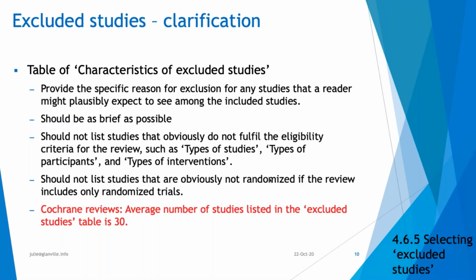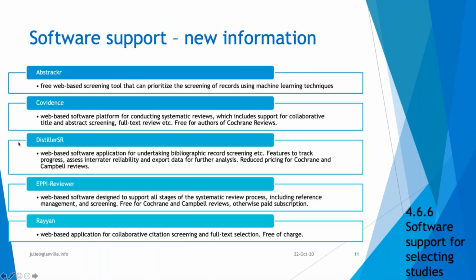excluded studies now. There's a lot of new information in this edition of the handbook on software support to screen studies. We talk about some of the commonly used tools and tools that are currently in use in Cochrane, such as Covidence.